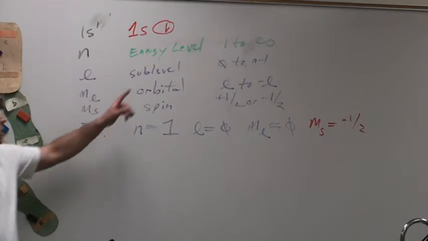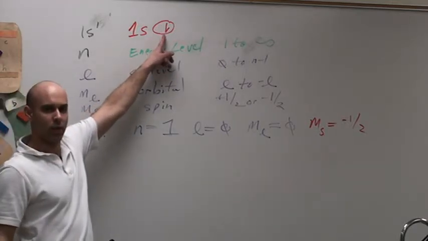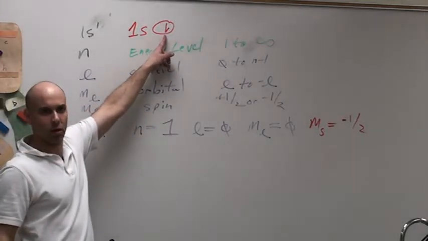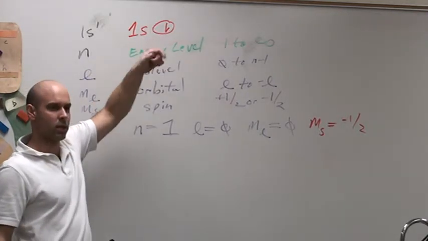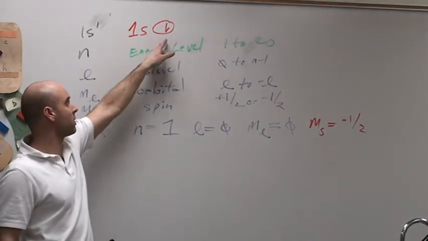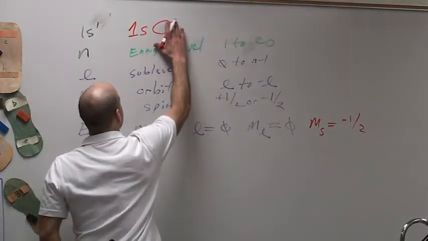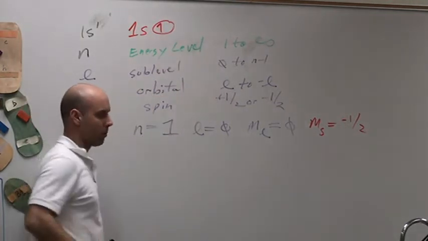Now, for this electron, does it have to be spin down? No. Could it be spin up? Yeah, and it will actually spend 50% of its time as spin down and 50% of its time as spin up.